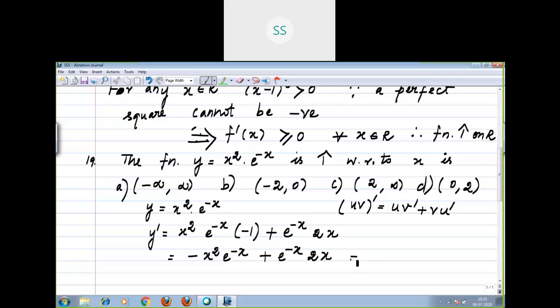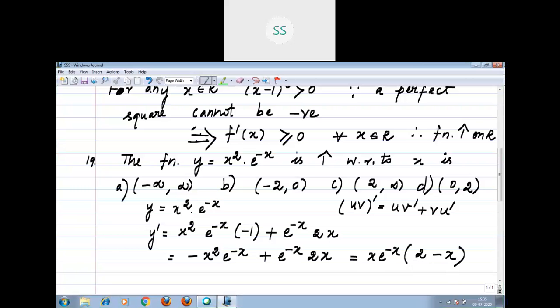Here, which are the things that are common? x into e power minus x is common. What should be the rest? 2 minus x, right? I wrote the positive term first so that I put 2 minus x. I hope you people understood.